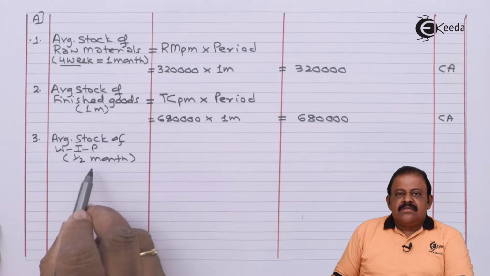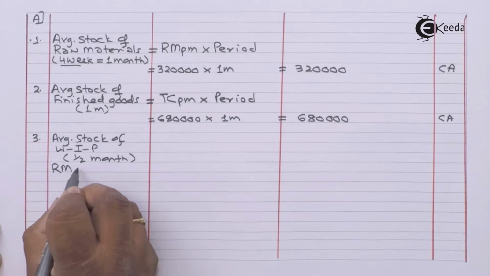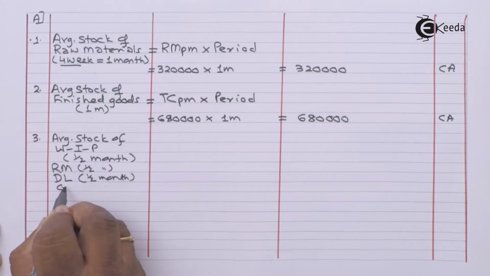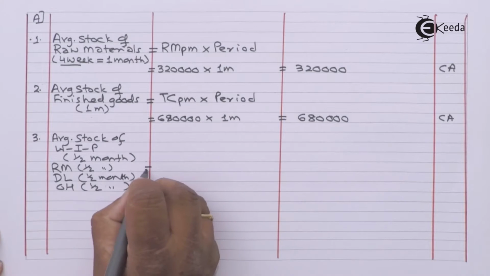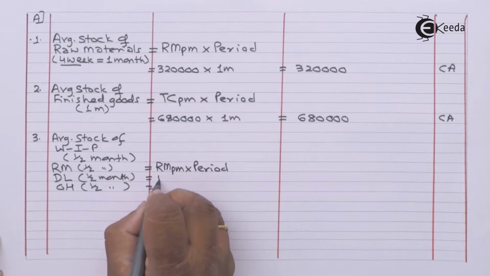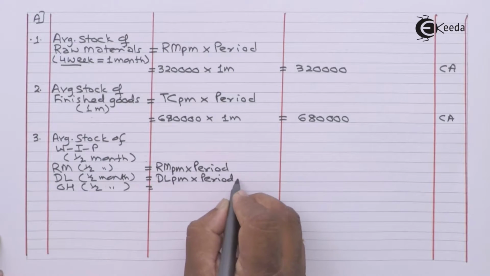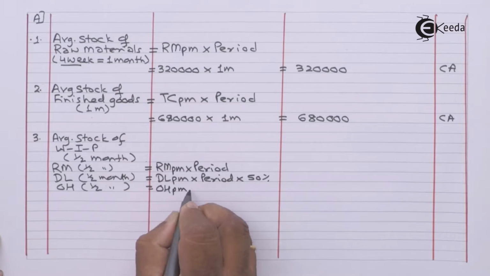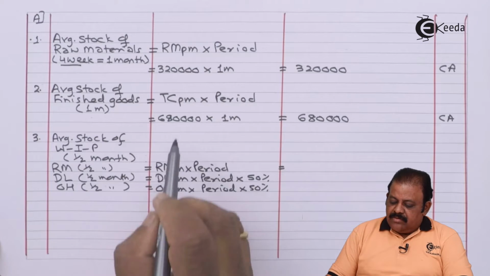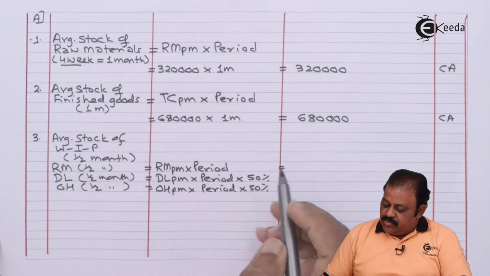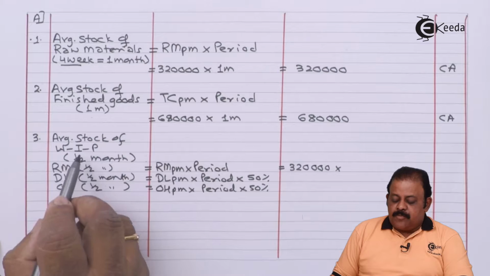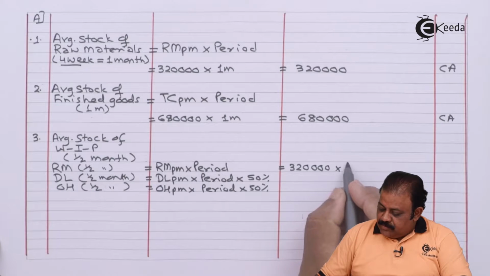Average stock of work in progress, half month. Raw material per month, we have the figure of 3,20,000. For work in progress purpose, we have to take half month, so multiplied by half.